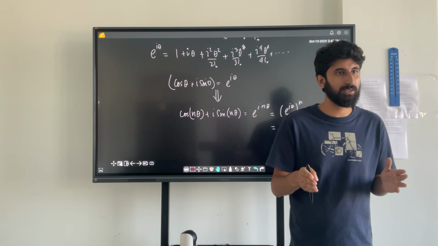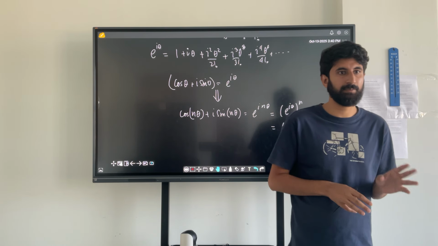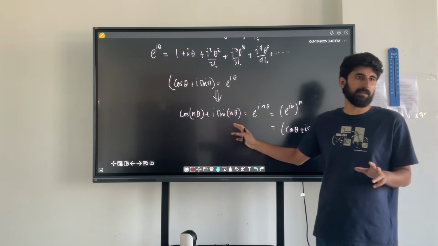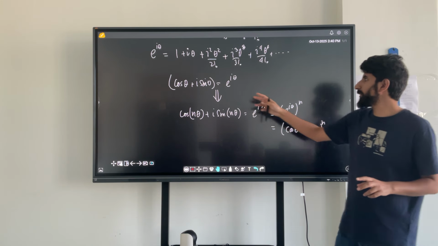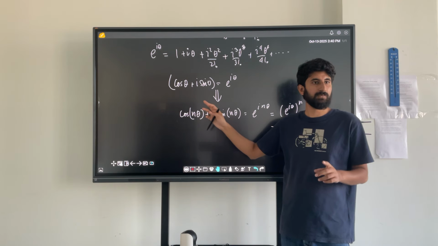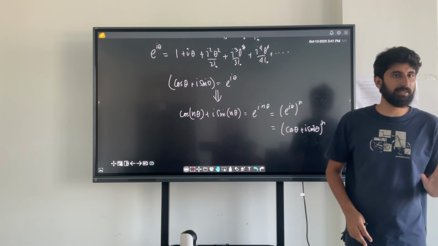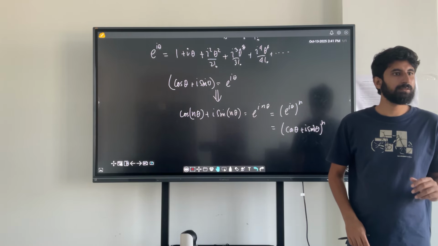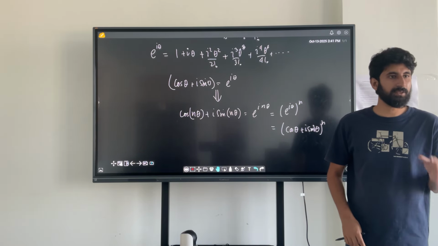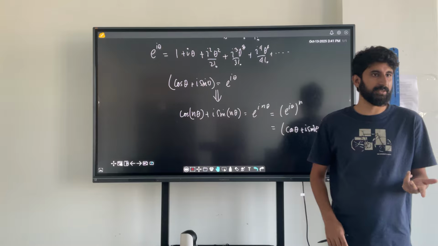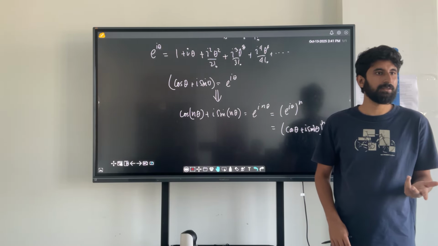When their components are equal, in the i hat, j hat basis. The same idea applies here. So two complex numbers are the same when their real parts as well as imaginary parts are equal. Every complex equation therefore gives you two real equations.